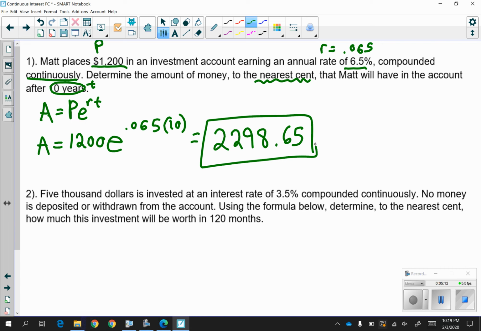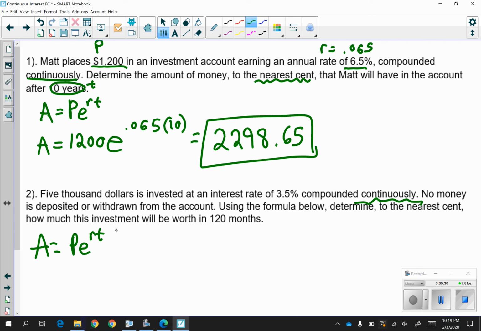Let's try one more. We have $5,000 is invested at an interest rate of 3.5%, compounded continuously, so we're using PERT. No money is deposited or withdrawn from the account.